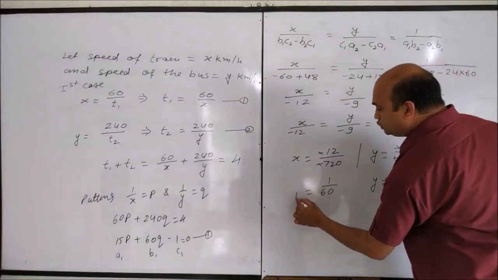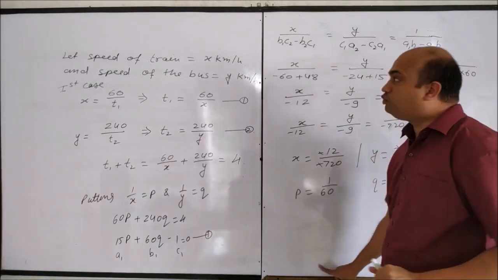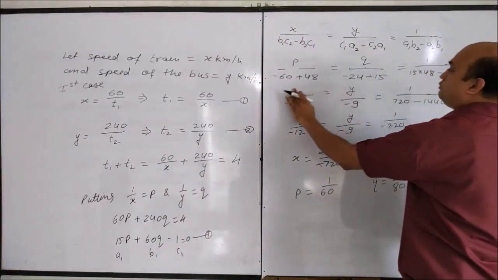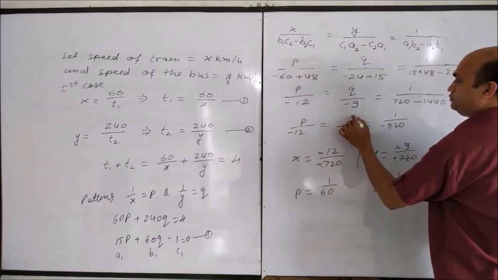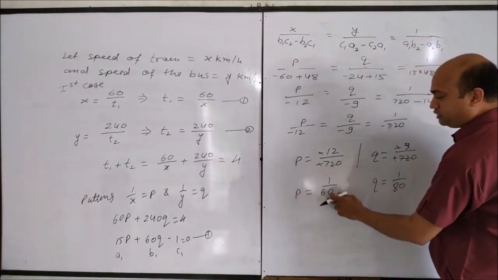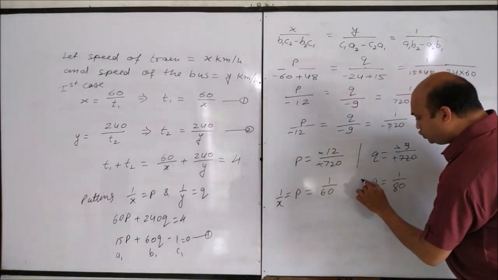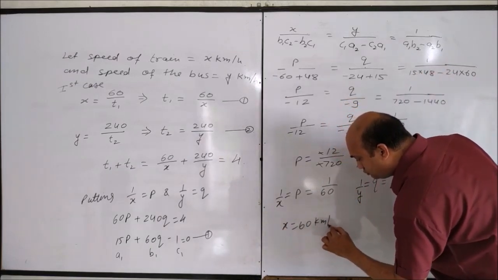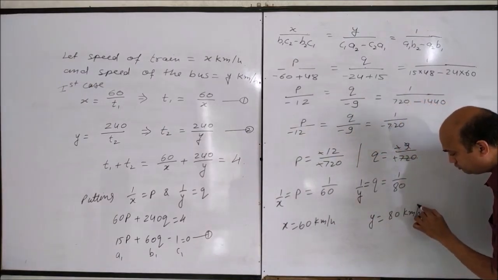These are the values of P and Q, because the equations we have taken were in P and Q. So in the formula also we put P and Q only. So P we will get 1 upon 60 and Q 1 upon 80, and P was 1 upon X and Q was 1 upon Y. So X we will get 60 kilometer per hour, and Y we will get 80 kilometer per hour.